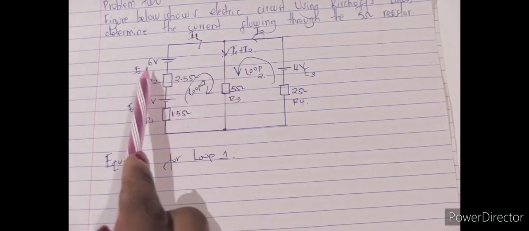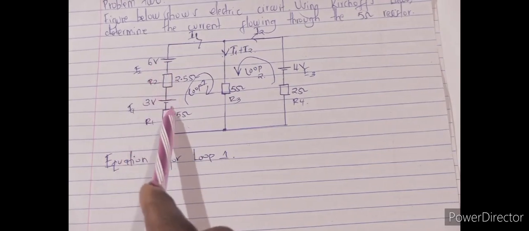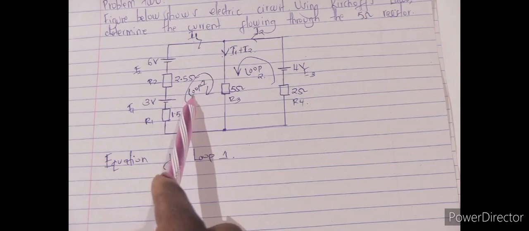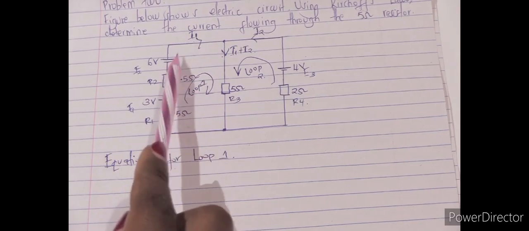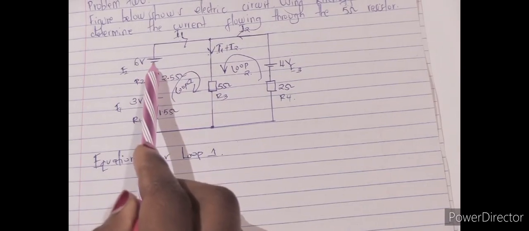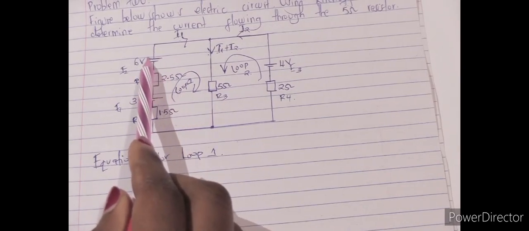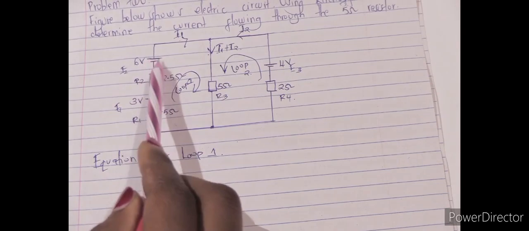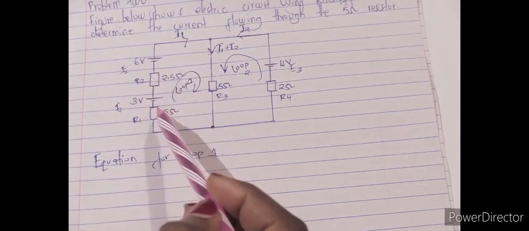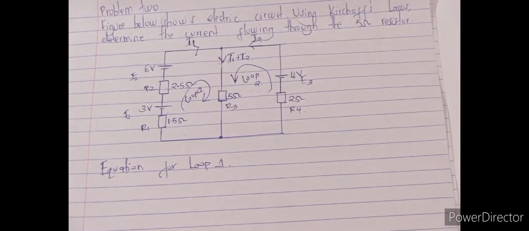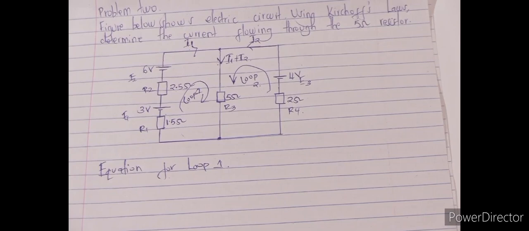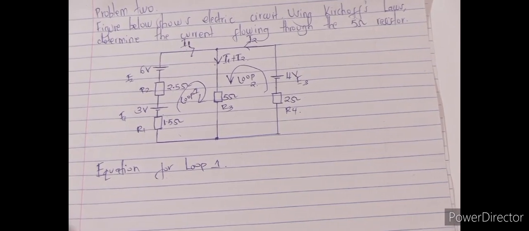So we come and form our equation. In loop 1, we have 2 sources. Now the sources are in the direction of the loop, which is a clockwise direction. If the terminals had been interchanged, the 2 sources would have been in an opposing direction, meaning we would not have E1 plus E2, we would have E1 minus E2.